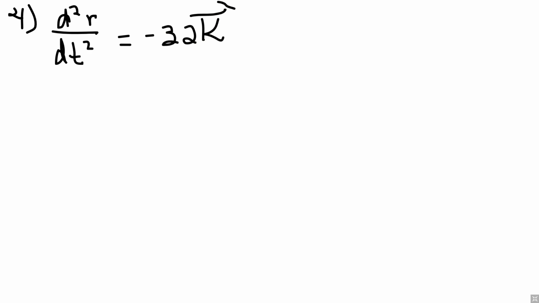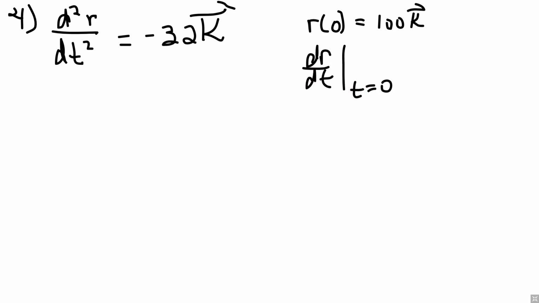And we are given initial conditions of r of 0 is equal to 100k, and dr/dt evaluated at t equals 0 equals 8 in the i direction plus 8 in the j direction.